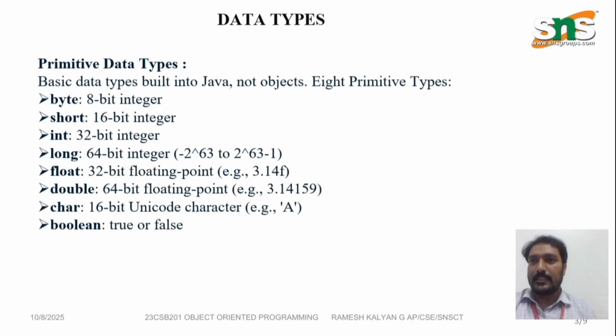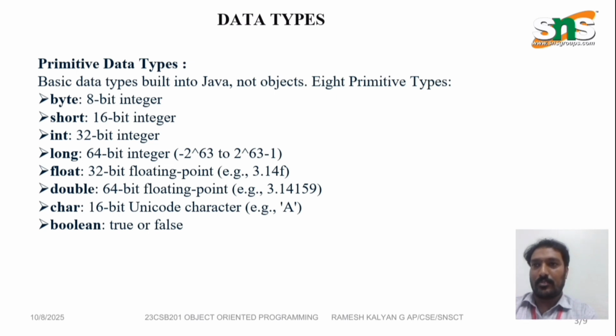So these are the data types with their memory sizes. The first one is byte. Byte is an 8-bit integer. The second one is short, which has a 16-bit integer value. The next one is int, which is the most widely used one. It has the size of 32 bits.